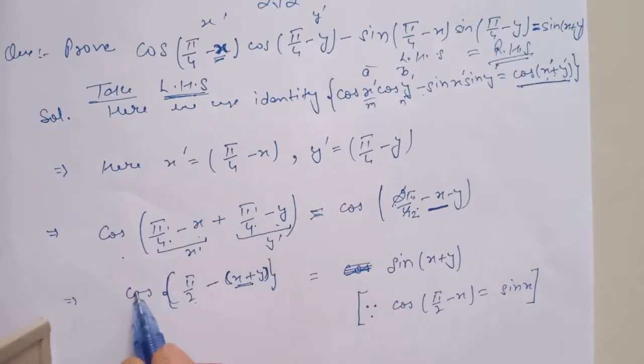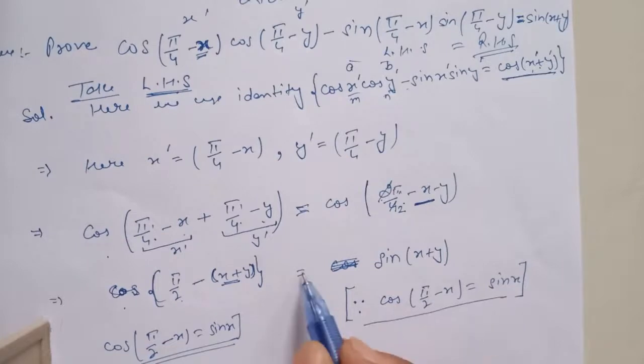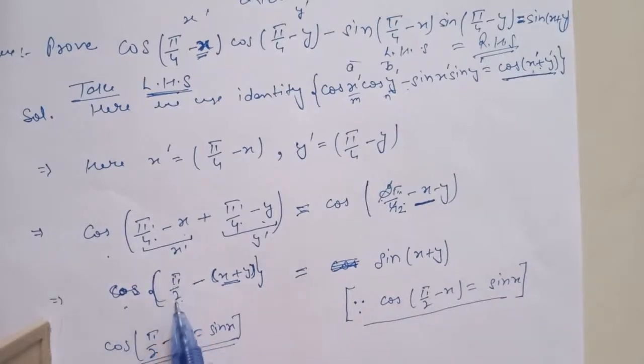Now we have read the identity that cos pi by 2 minus x is equal to sin x. I have read it earlier. Therefore cos 90 minus x, here let a be equal to x plus y, and this is 90 as it is.